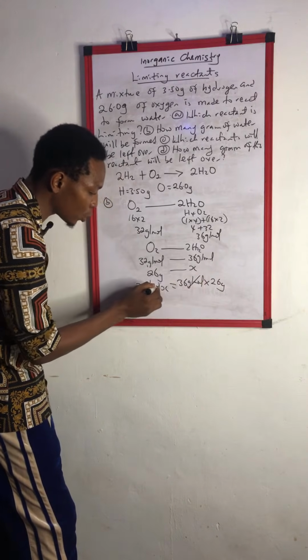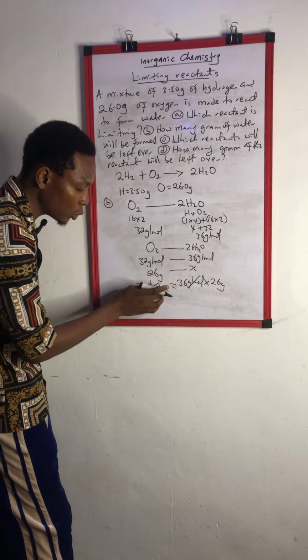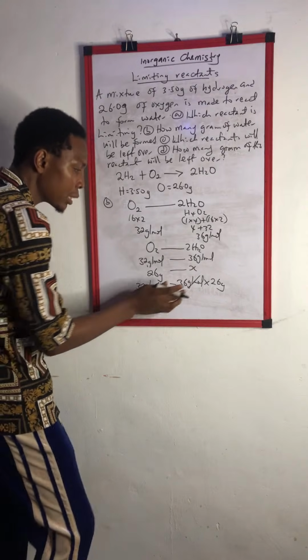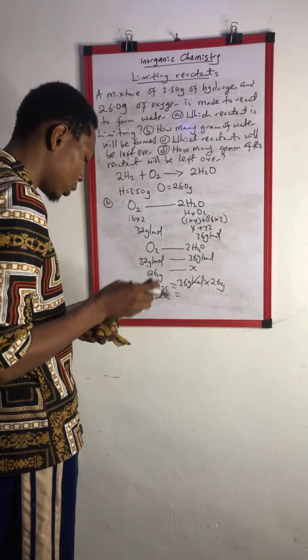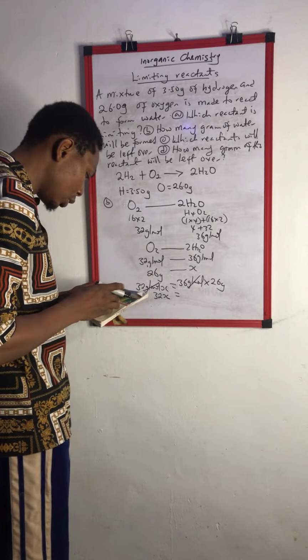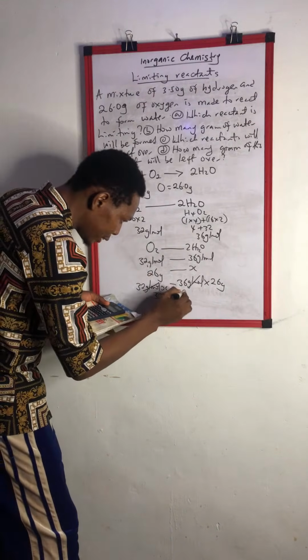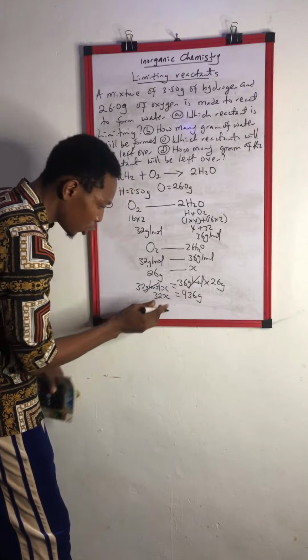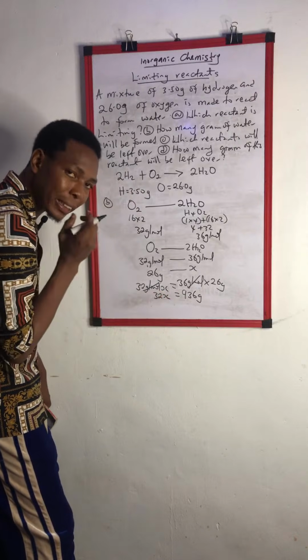So gram per mole cancels out gram per mole. We have 32x equals 36 times 26, which gives us 96 grams. So to get our X, we divide both sides by 32.